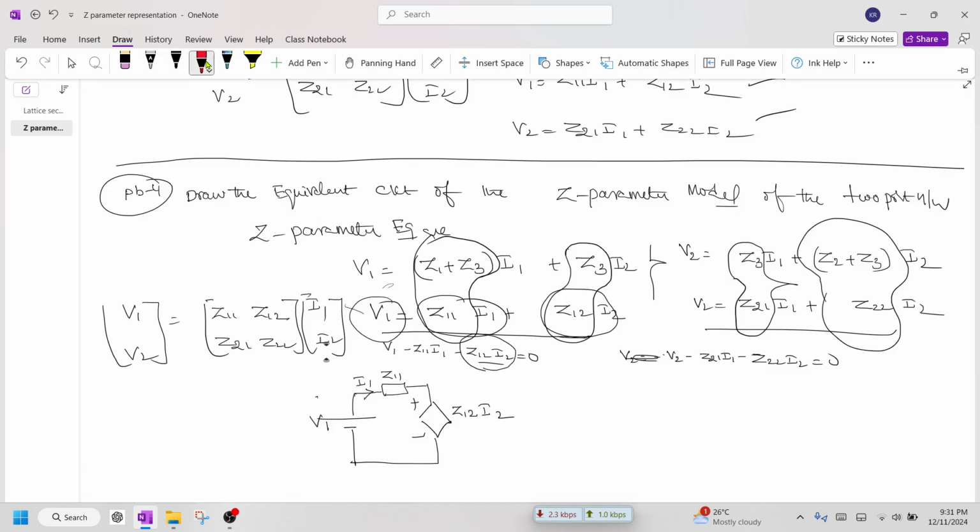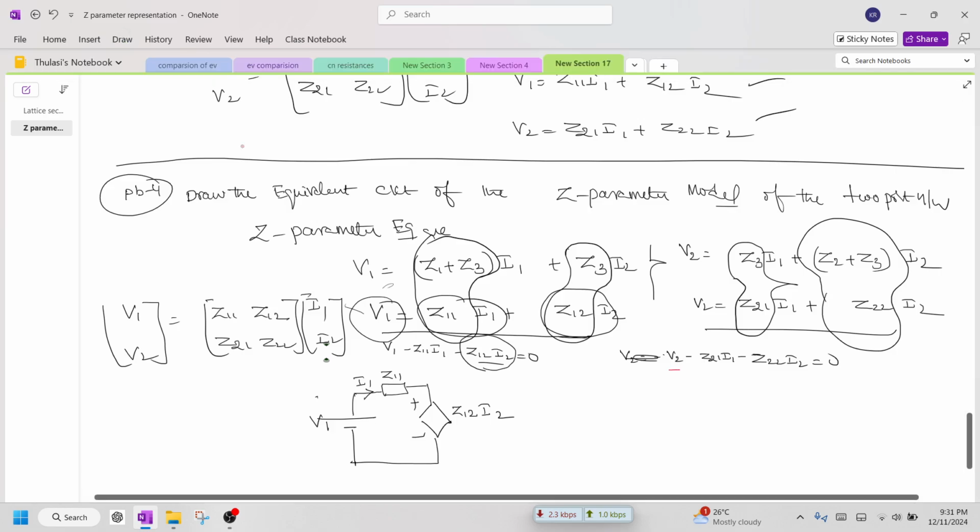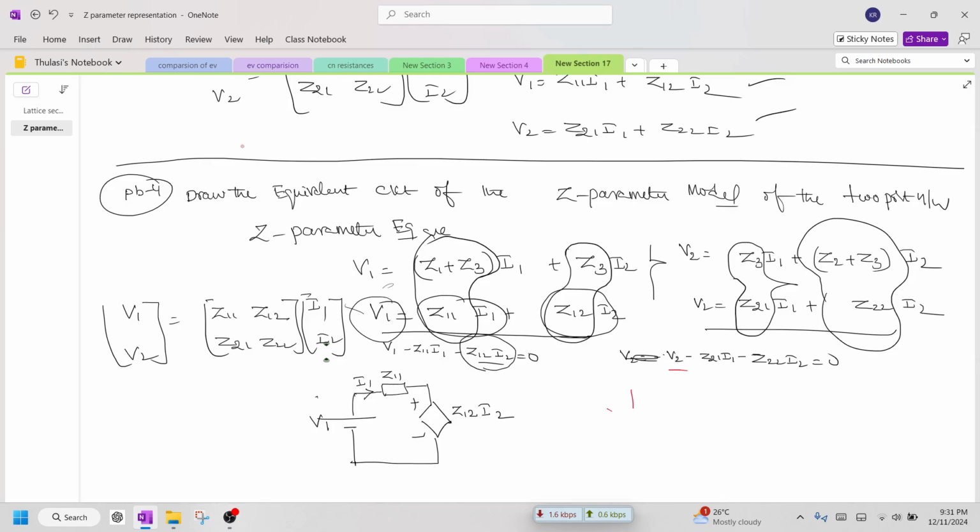Now let's try to see the output port. At the output port, the applied voltage is V2 and the drop is Z22 I2. So here we are writing the drop. This is Z22 I2, and the drop at the input side is Z21. This we have to represent with a dependent source, positive, negative.